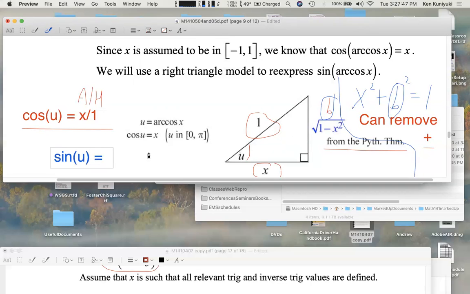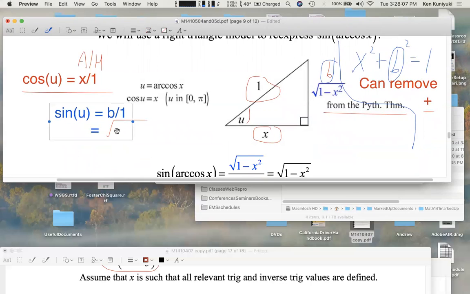So that's going to be b over 1. What was b? It was this guy, the square root of 1 minus x squared, over 1. So the square root of 1 minus x squared.